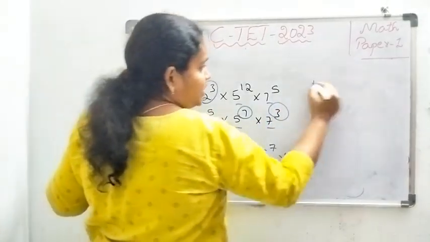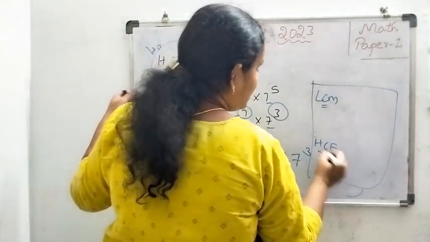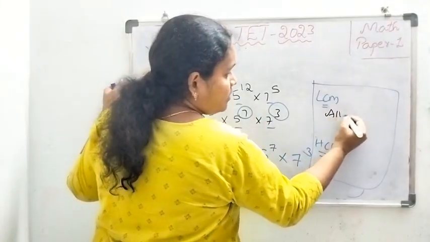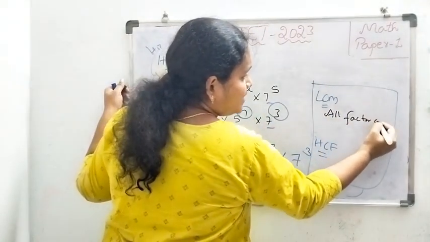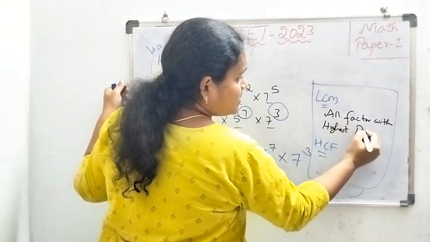Okay, so simply you can remember LCM and HCF in the prime factorization method. LCM means all factors with highest powers.